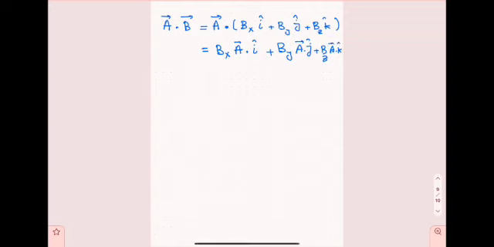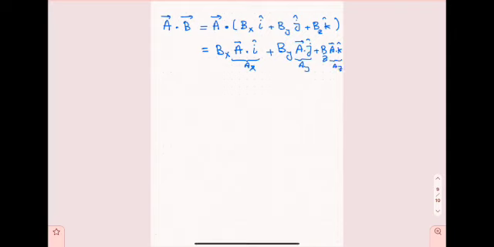Yeah? Now we learned this before. What is A dot I hat? This is the projection of A on the x-axis. Yeah? So we learned that this will be Ax. And this will be Ay. And A dot K hat will give us Az.